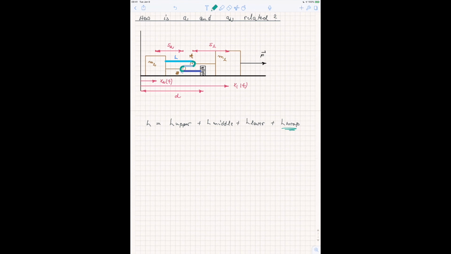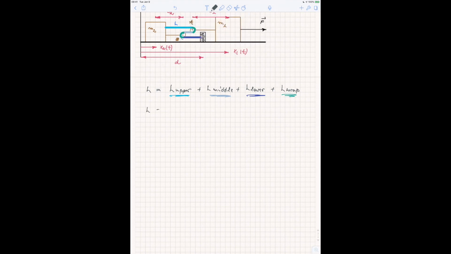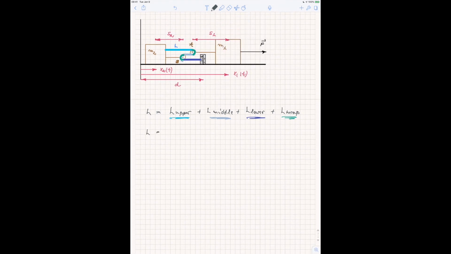This is the green section here, and the middle section was this color here, the top section was this color here, the upper section, and the lower part was this section here. Okay, so how can we formulate this now? So L equals, and you have to look very, very carefully at that. So let's first work out the upper section here.